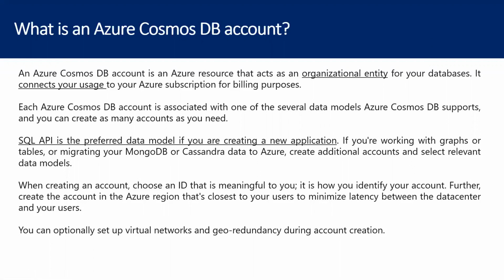The other information we talk about is that you have a variety of APIs, 4 different types of APIs supported. You can use those to connect, but the SQL API is the preferred data model, because whatever way we query SQL databases with SQL queries, the same way you can use this SQL API to query your data sitting in your Cosmos DB.